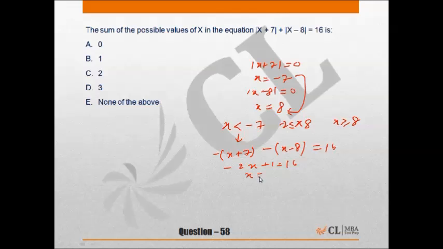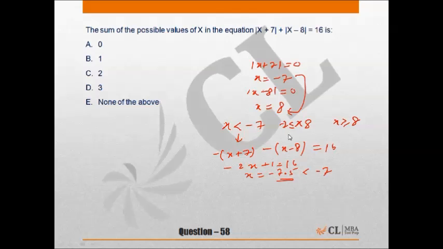From here we get x equals -7.5, which is less than -7. So this is one of the acceptable values of x.